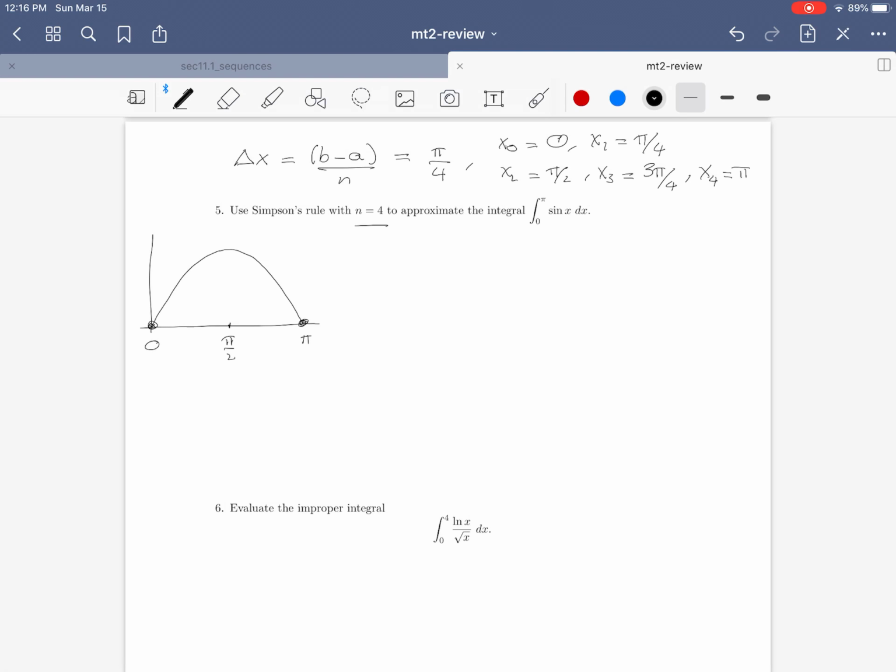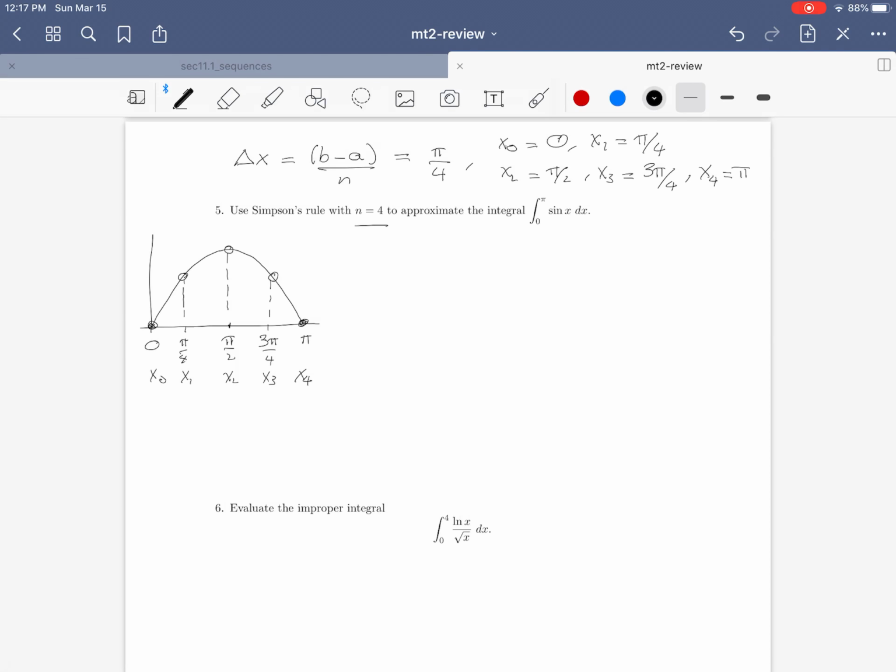So here's pi by 2, here's 3 pi by 4, and here's pi by 4. So this is x0, x1, x2, x3, and x4. And I'm just going to draw in the function values here as well.